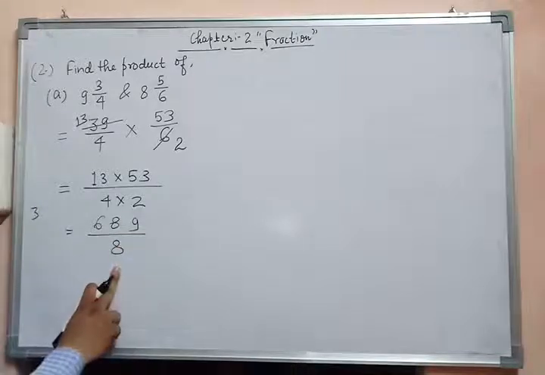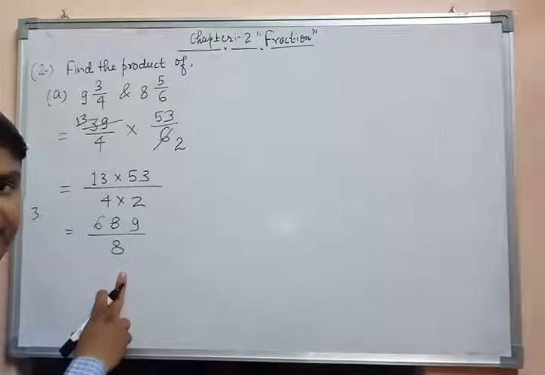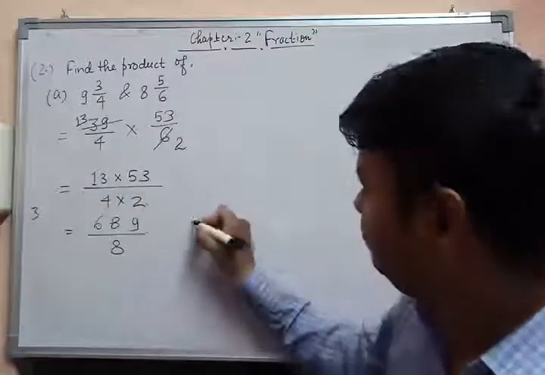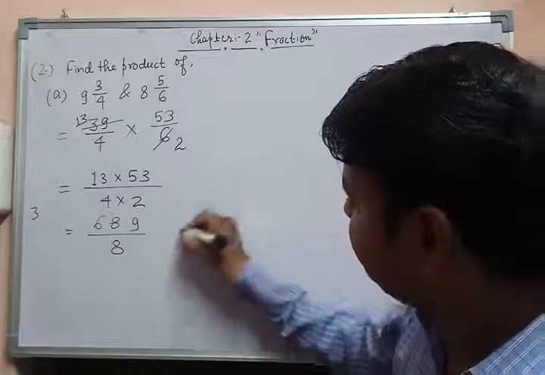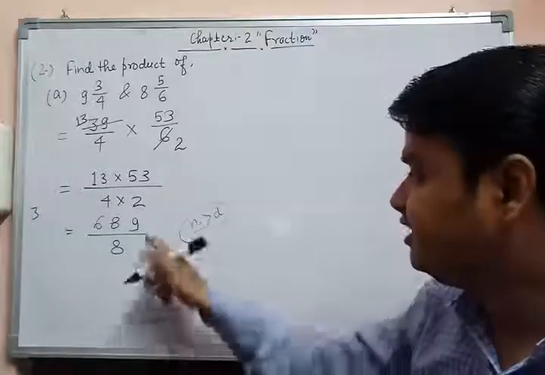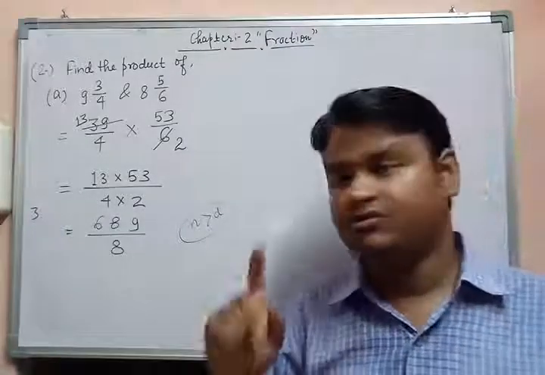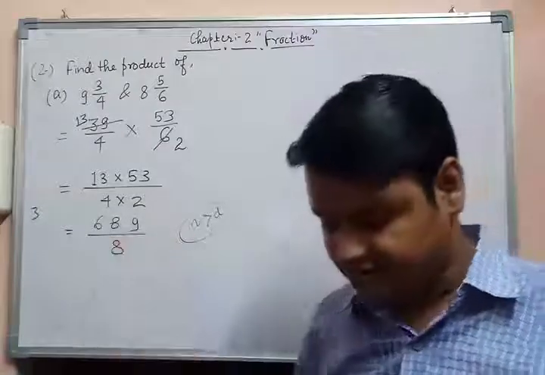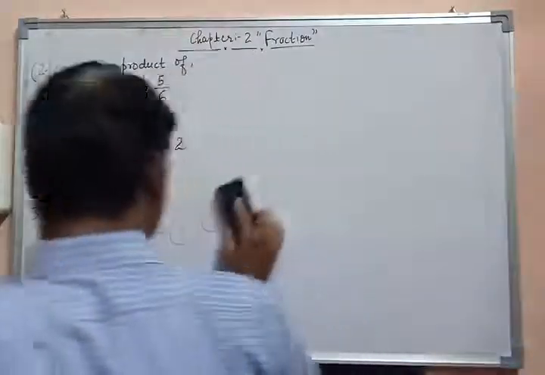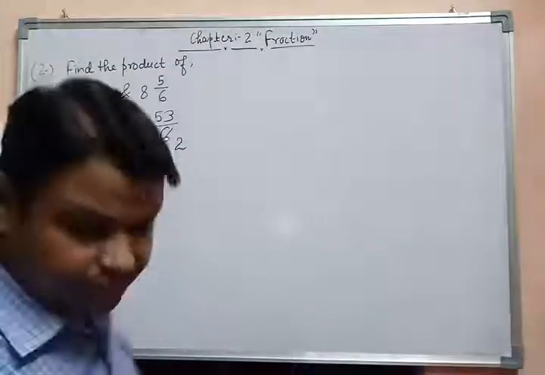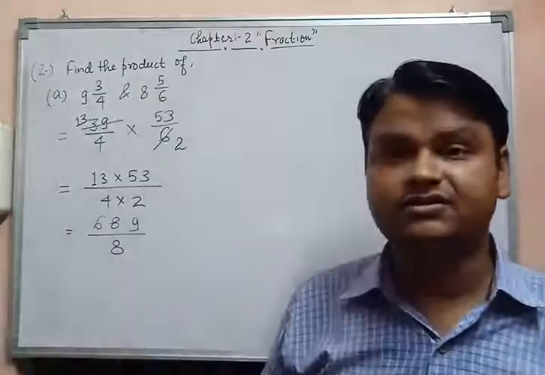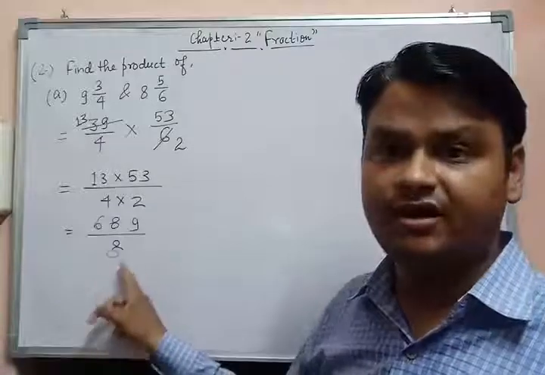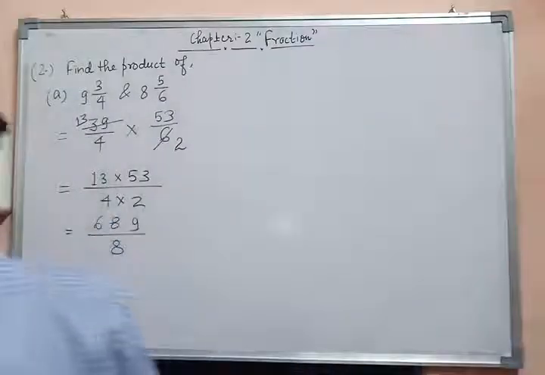Now look at this fraction, this is an improper fraction, because here the numerator is greater than the denominator. This is not your final answer. In the last step you have to change this improper fraction into a mixed fraction.